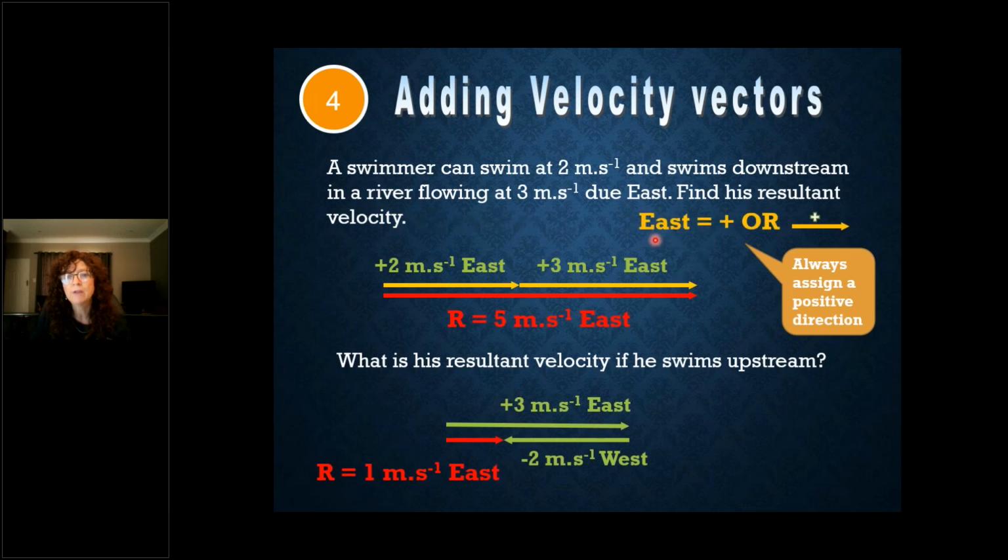So you can either state that east is positive, or you just draw an arrow with a plus on top of it, so that the marker will know which direction you use as positive and which direction will then be negative. Why must you state that?